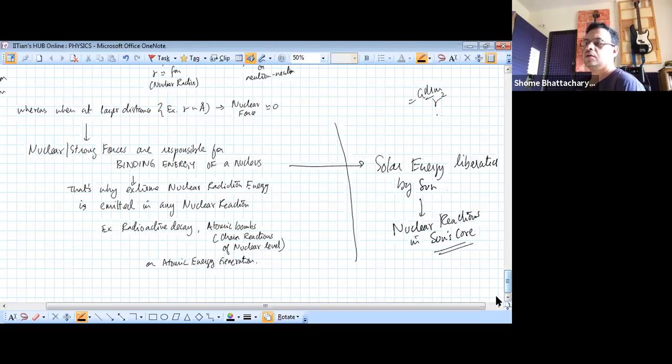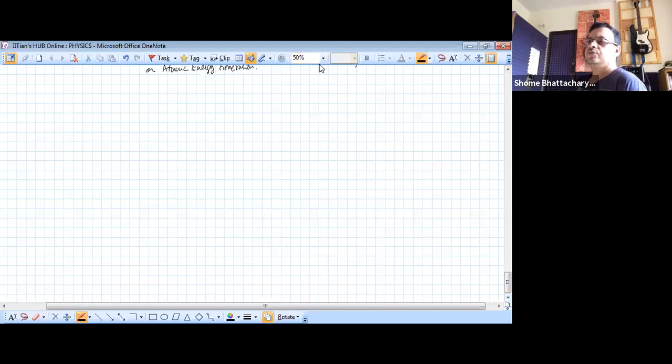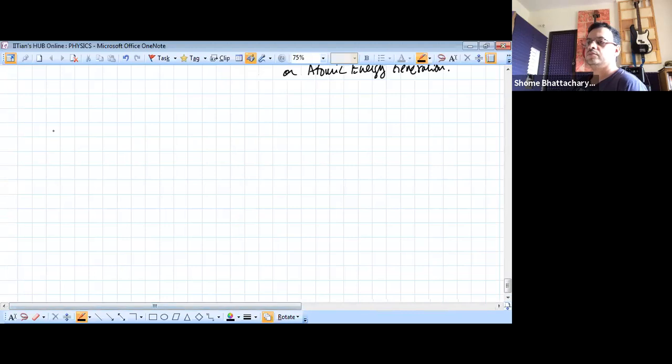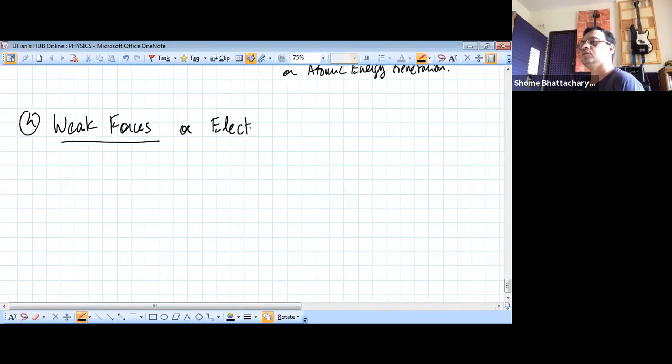And finally, the fourth and final type of fundamental force is called the weak forces, or sometimes also called electroweak forces.